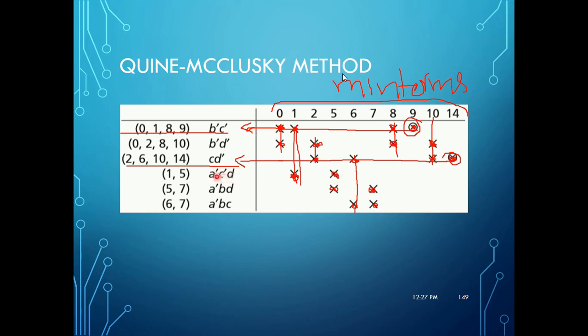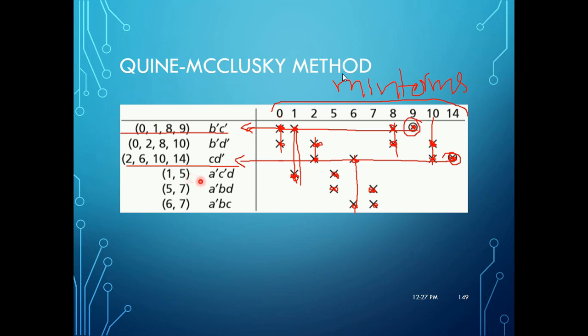I am not going to include this 1, 5. Why? Because if I include 5, 1 has already been chosen in the previous B bar C bar. 1 is present here as well as here, so no need of including it again. If you write this term in the final expression, you are including a redundant term. So don't include it since 1 is already included here.